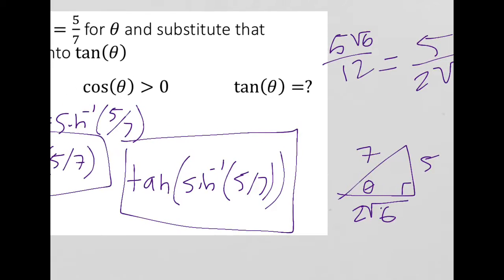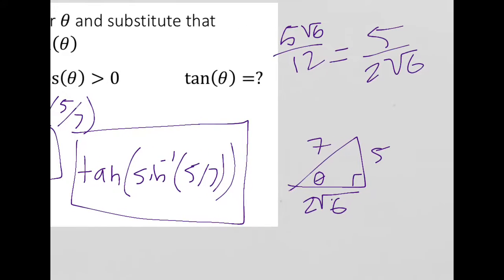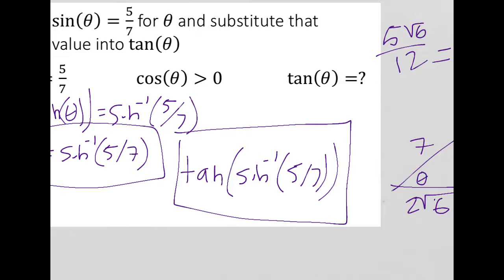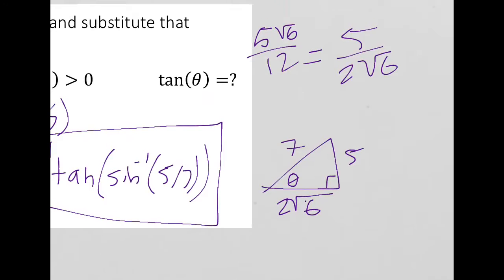So, when you see these problems, know that really you're doing something that you already know how to do. The only thing you need to think about now that's different is that I'm not specifically telling you where you are. You need to use what you know about the functions to figure that out. What I mean is, I'm not telling you if tangent should be positive or negative.